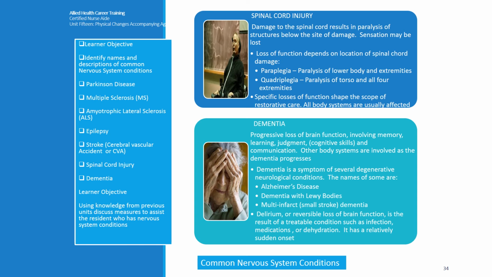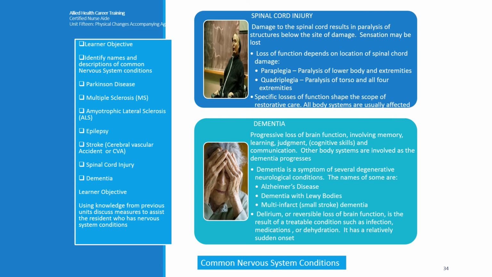However, if you do have that complete involvement, the severing of the spinal cord or a complete lack of blood flow where the cells have completely died, you're not going to get that function back. So sensation may be lost.